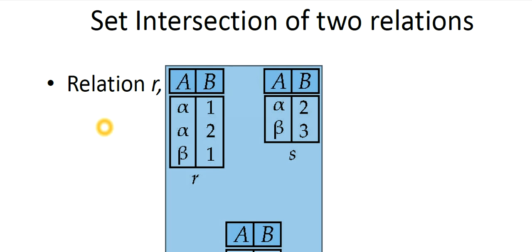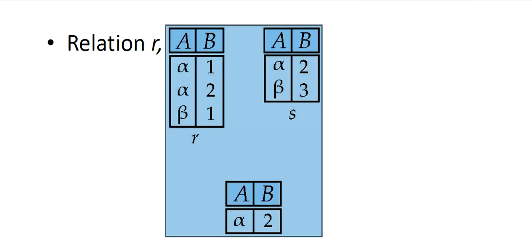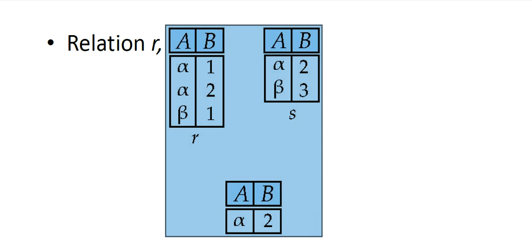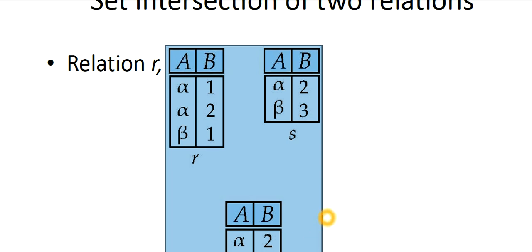So our R intersection S will be alpha 2. And you have to remember that whatever operators we apply in relational algebra, the output will always be a relation. Clear? That's why we have obtained the result as A B alpha 2. That's a relation, of course, and that is our R intersection S.